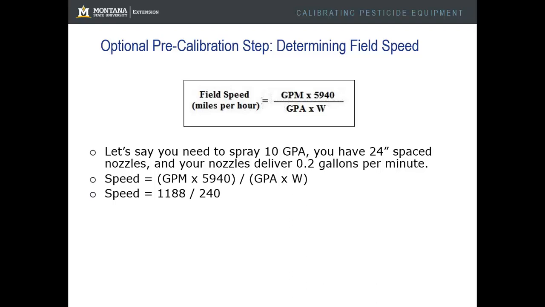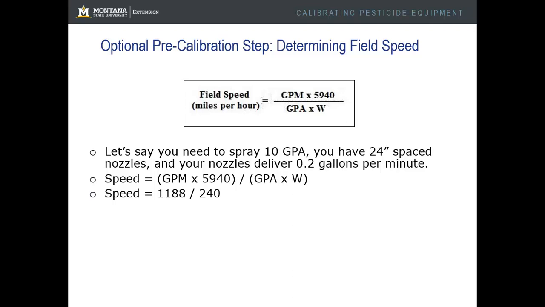The 5940 equation can deliver ideal field speed by taking the gallons per minute flow rate of the nozzle, or GPM, and multiplying this number by the constant 5940 to deliver the numerator. This numerator is divided by the denominator, which is the gallons per acre output of the sprayer, multiplied times W, which equals the nozzle spacing in inches.